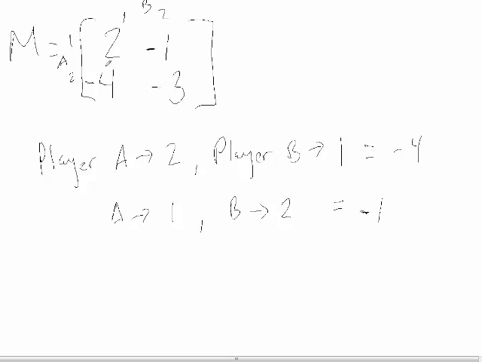So if we take the minimum in each row and underline it, and then we take the maximum in each column, we would have a saddle point at -1, or where A chooses strategy 1 and B chooses strategy 2. So that would be the best outcome for both players to play.